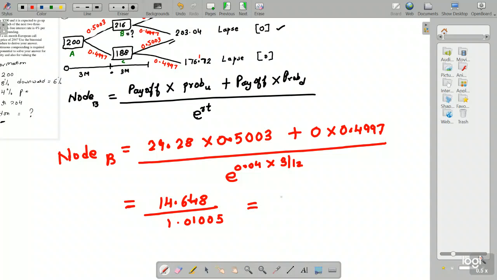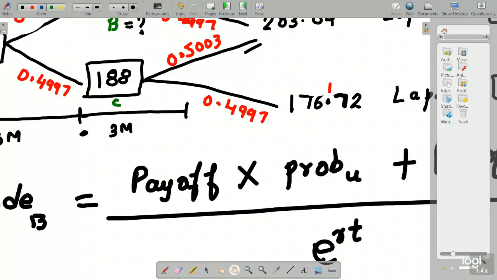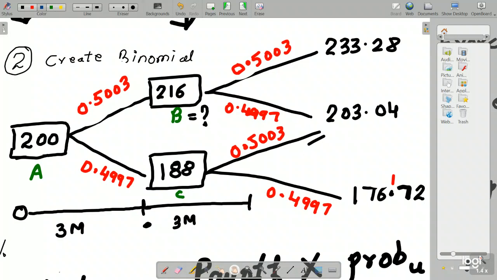So in simpler terms, I can say that 14.50, this is the value at node B. And absolutely I'm going to use this and write it here. So I'll go back to my binomial and I will write this as 14.50.